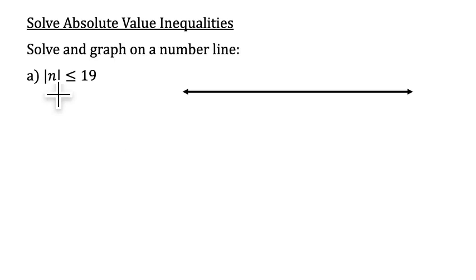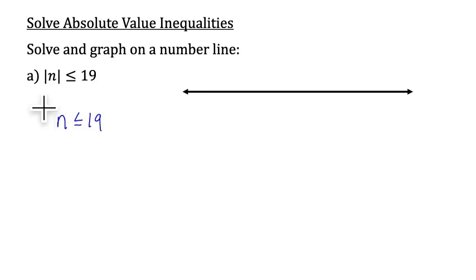So here we have our absolute value all by itself on the left side. That's always the first step, and so we'll go straight to our answer. This is less than or equal to, so it's a less than, which means this is an and situation. So we're going to write our answer in one expression. We'll write this part exactly like it is there, except without the absolute value bars.